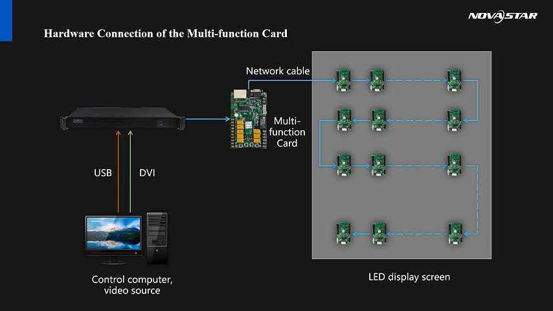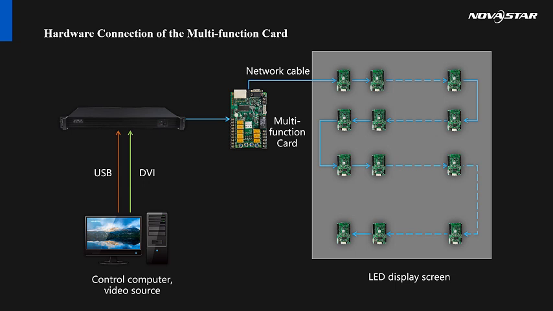Please note that this is a control system with a multifunction card, and this is how it is connected to the control system. It can be connected in series with a receiving card or directly connected by a port to the sending card.